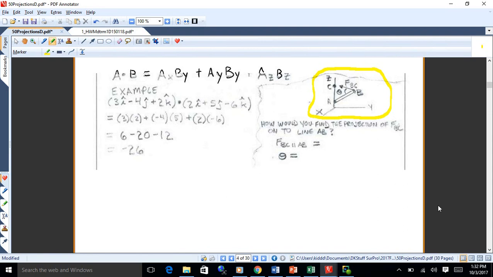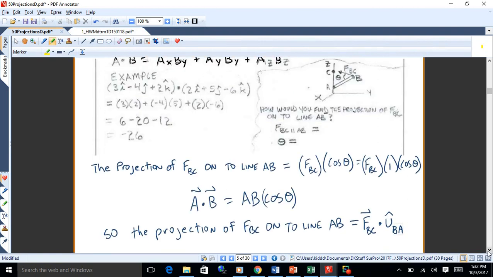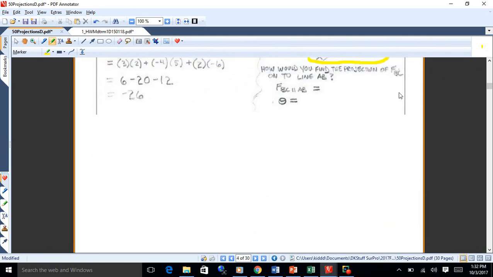Now the first thing to understand here is the projection of FBC onto line AB. So what we're looking for here is FBC.